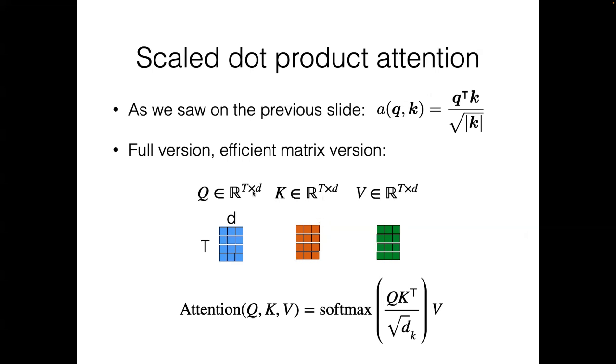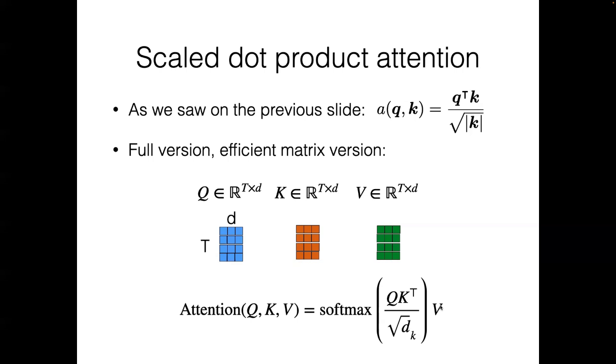At the end, you get this matrix which is T by T. You have Q, which is T by D, and then you take the transpose of K and multiply them. You get this T by T matrix, which is basically the attention score for each pair of positions. Then you take the softmax again to normalize the scores, and multiply them by this value matrix.